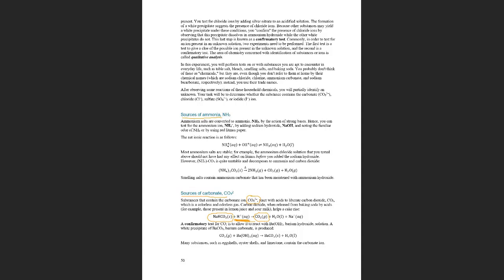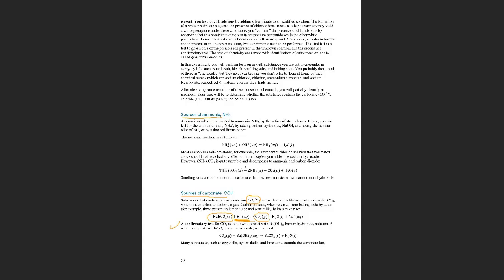So if we add an acid, it reacts with acid to liberate carbon dioxide. So if we see bubbles, you will know, oh, the first test, if you add an acid and you see bubbles, it's giving me a clue that I might have a substance with carbonate or bicarbonate. And then you need to do a second, confirmatory test.